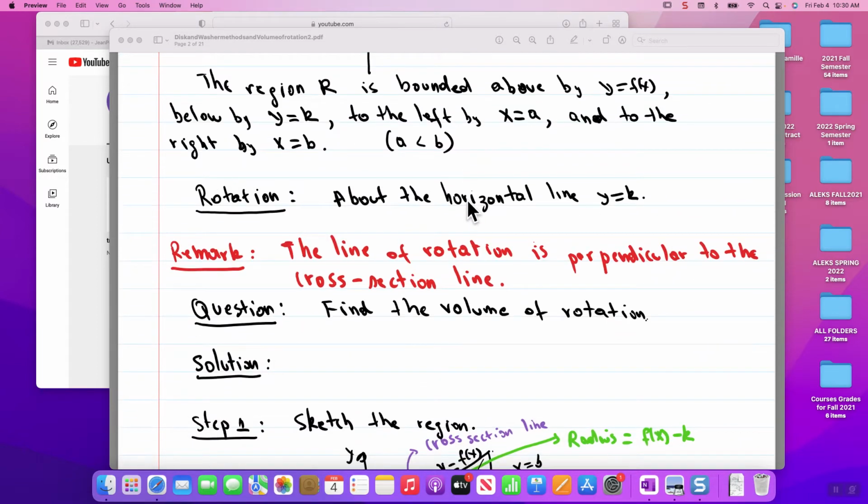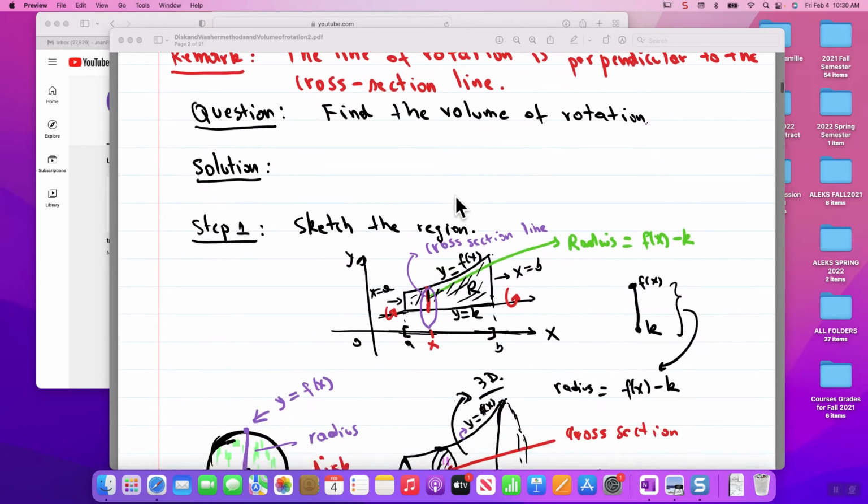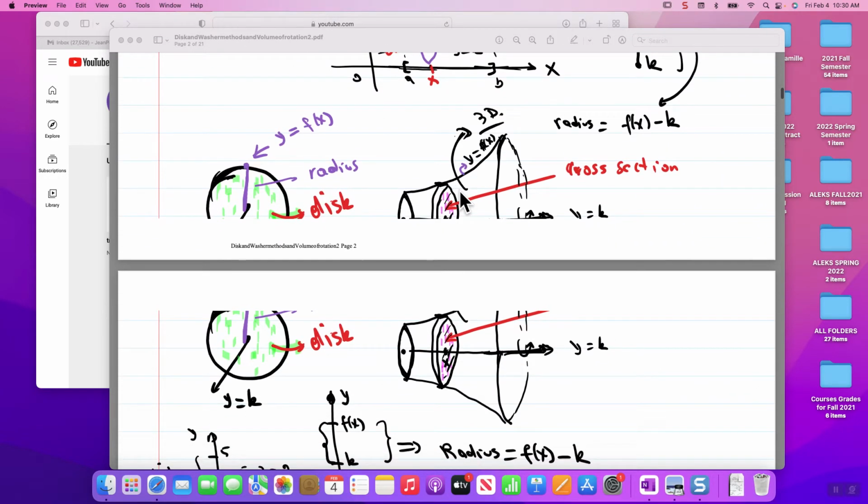The question is to find the volume of rotation. When you revolve it, you may get something like this. The PDF split everything, but if you put it together, you get this kind of object. So the point is, what's the volume of this object?